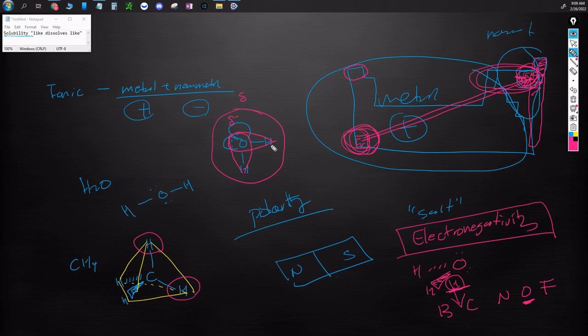Compared to this hydrogen side, where the electron was pulled away, it has a partially positive charge, right? Partially positive on both hydrogen sides, and partially negative here. So if you look at this from a magnet perspective, you clearly have one side negative, one side positive. This creates a polarity. Once again, important word: polarity.